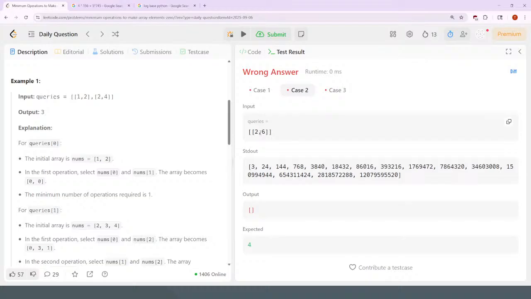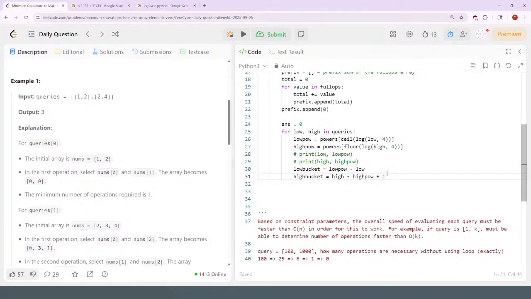The low pow here should be 4 minus 2, which is 2, 3. 2, 3 is correct. So I think this is right. There has to be plus 1 at some point, otherwise it's not going to be inclusive of both the low and the high in the query. So it's inclusive of the high one.